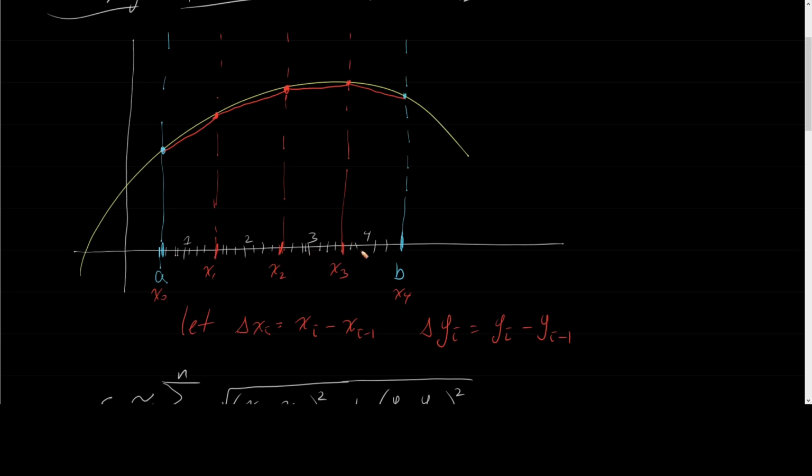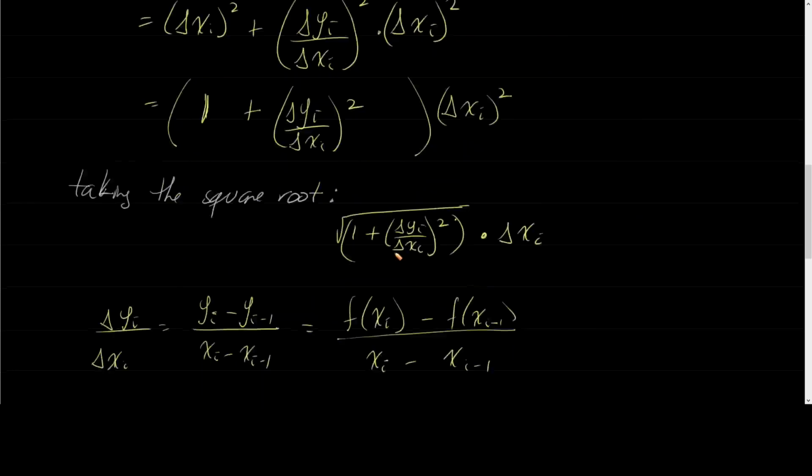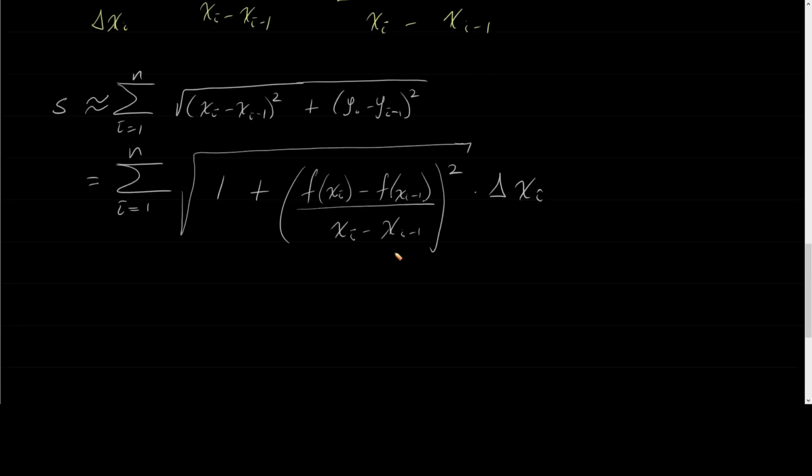So essentially, as n, the number of intervals, goes to infinity, that tells us that x sub i minus x sub i minus 1 goes to 0, because those intervals were getting smaller and smaller.